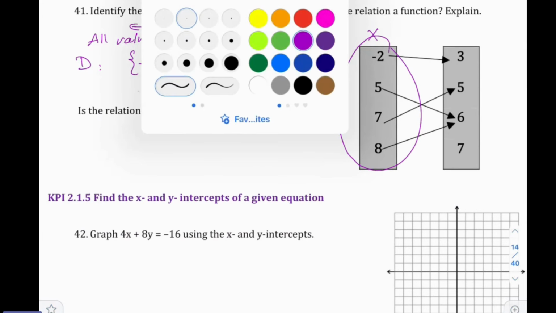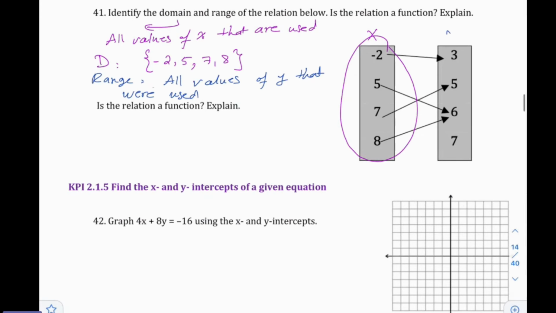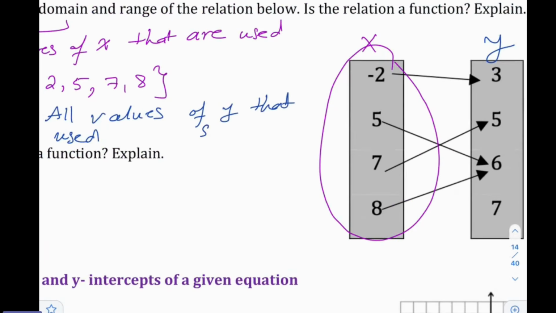The range is all values of Y that were used. Here, this is Y, which is the output. And in this case, what are the numbers that are used? We have only 3, 5, and 6. As you see, 7 was not in the range.